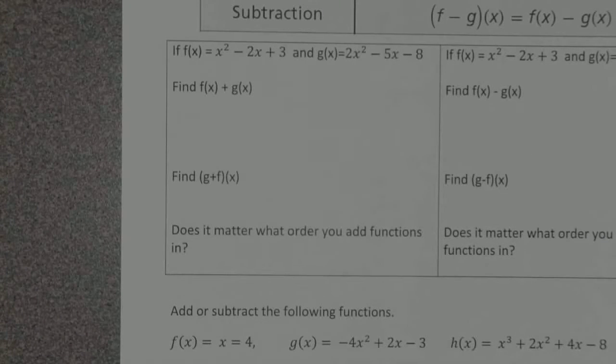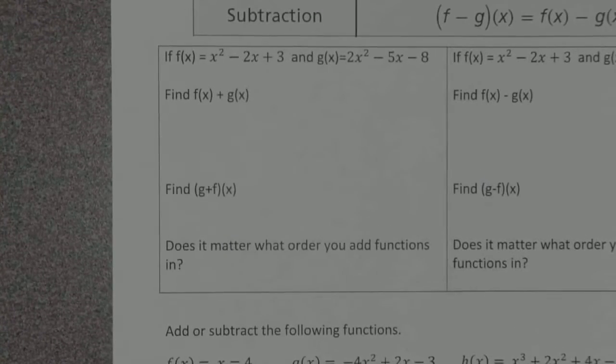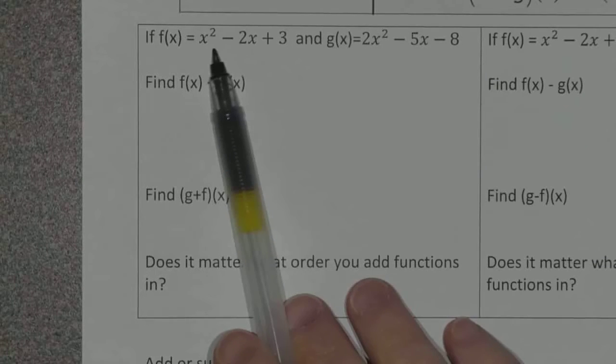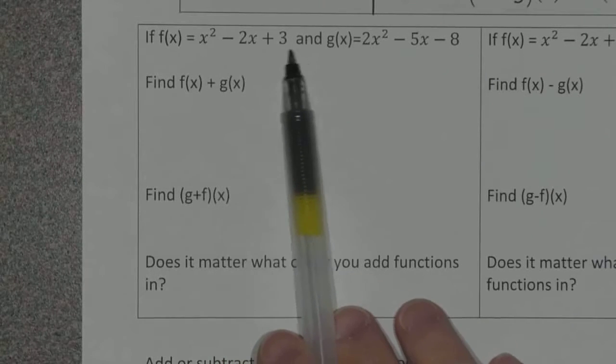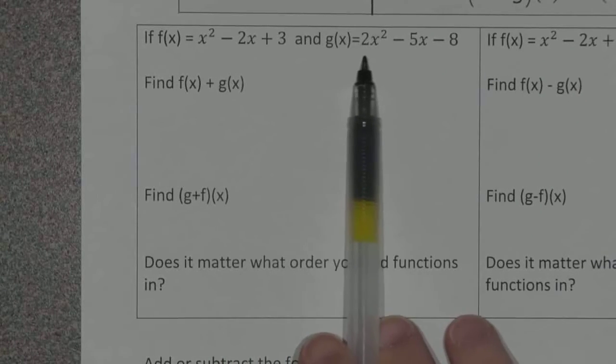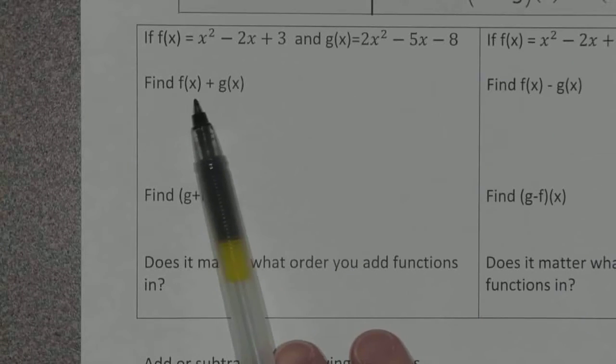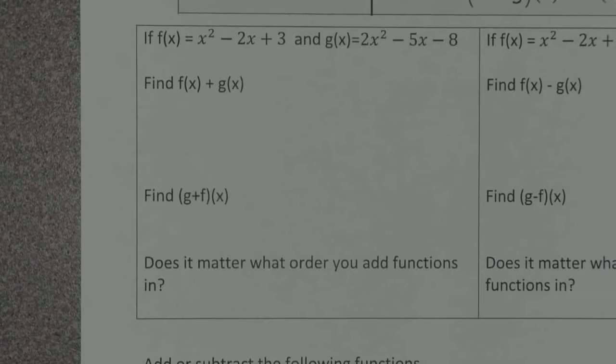So if we're looking at this first set of examples right here, it says if f of x is x squared minus 2x plus 3, and g of x is 2x squared minus 5x minus 8, find f of x plus g of x.